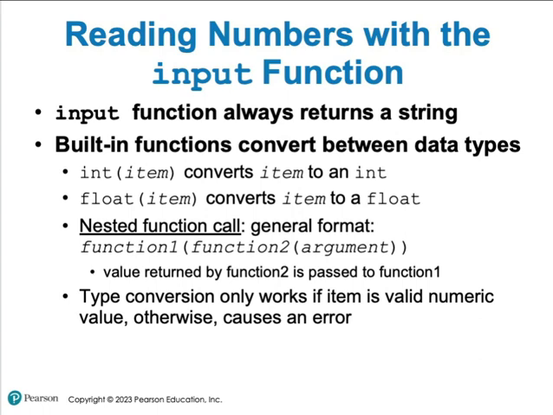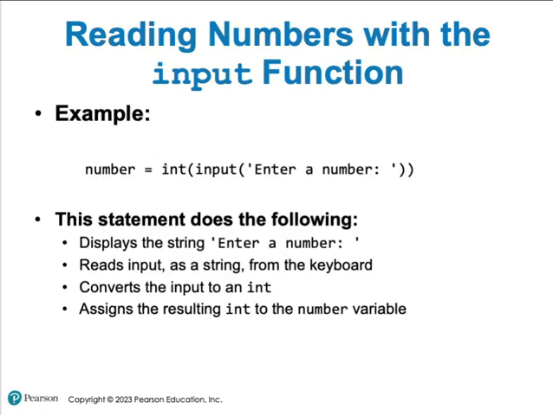The other thing they just kind of throw out here is that you can nest functions, and a lot of times when you are, that's referred to as casting, when you're casting one data type from input to another data type, it is real common to use function nesting, something like this. So the innermost function, which is input, would execute first.